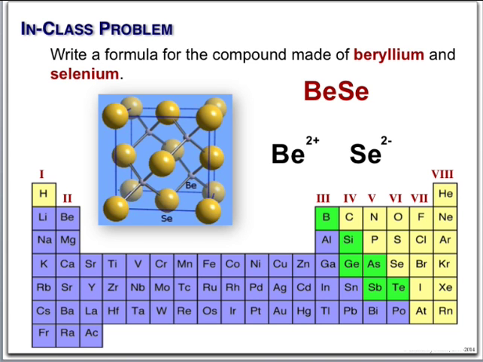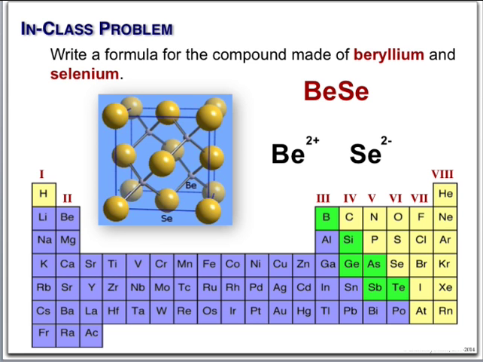So you're looking at the groups and then what? For the first 4, you are going to simply do +1, +2, +3, +4. For the last groups here, remember we have to get from here over to our inert gases.